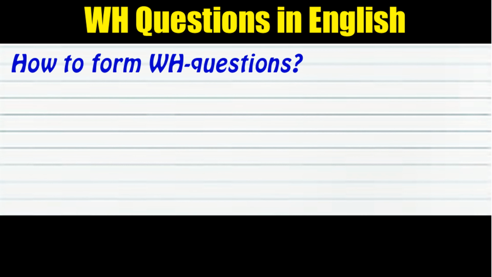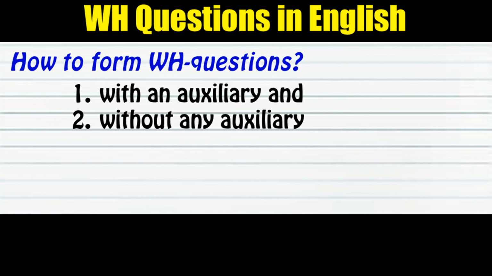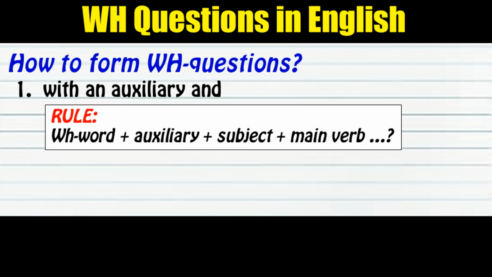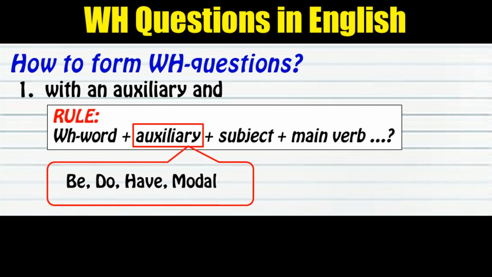How to form WH questions. There are two ways in forming WH questions, with an auxiliary and without any auxiliary. Let's see. 1. With an auxiliary. The rule is WH word plus auxiliary plus subject plus main verb. Note: auxiliary verbs are helping verbs, not main verbs.